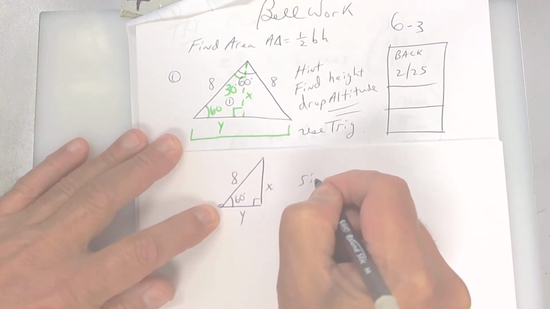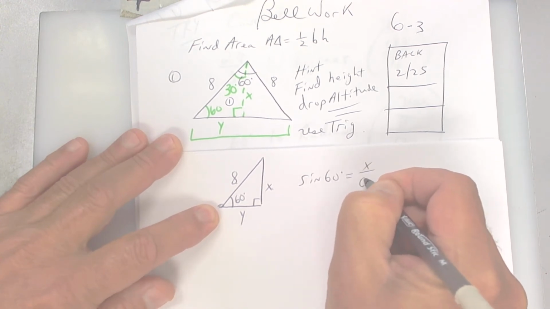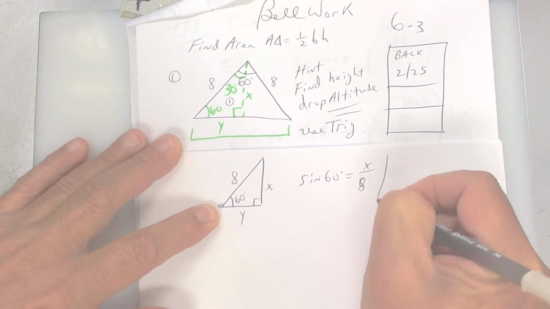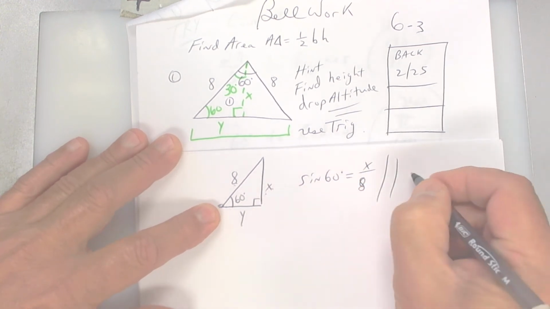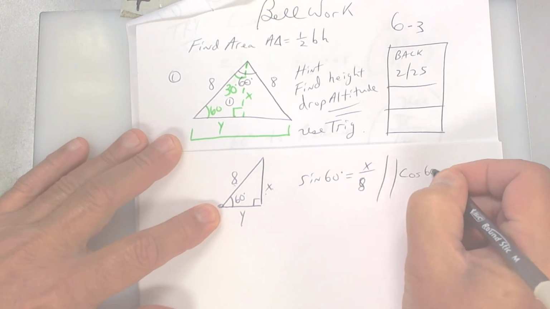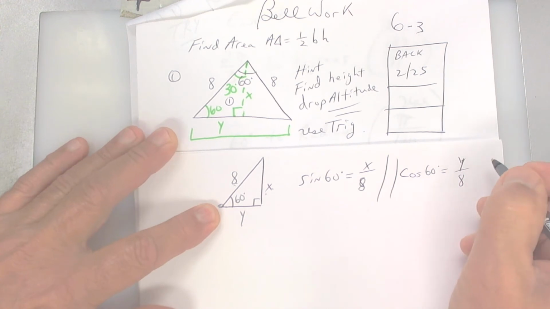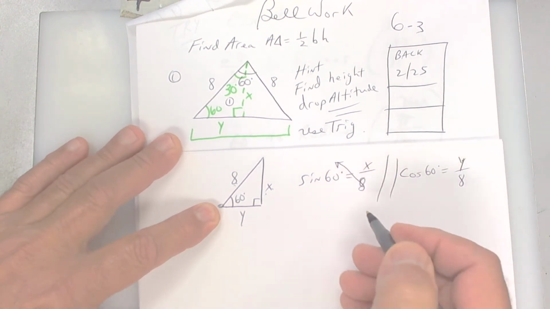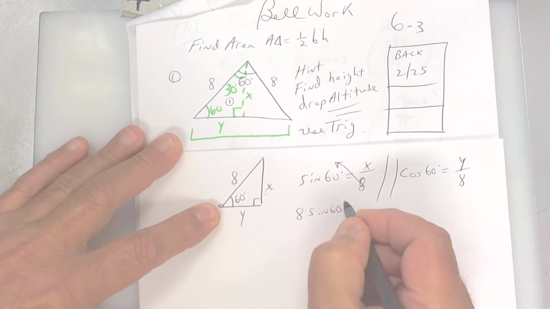So that's going to be the sine of 60 degrees is equal to opposite over hypotenuse, which is 8. That's going to give me X. And Y is adjacent over hypotenuse. So that's going to be the cosine of 60 degrees is equal to adjacent over hypotenuse. Now, once I get to that point, I solve it. So I'm going to get 8 times the sine of 60 is my height.